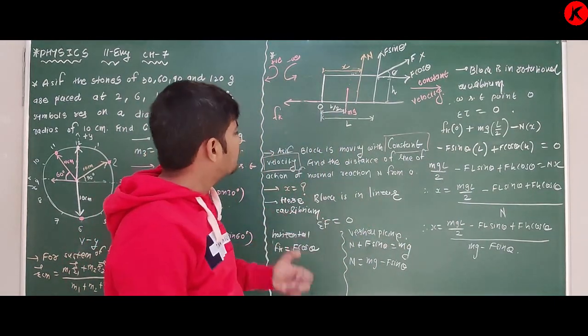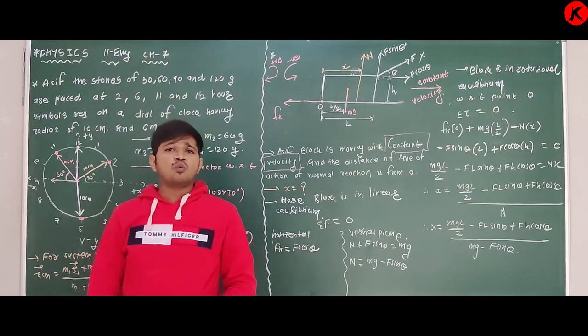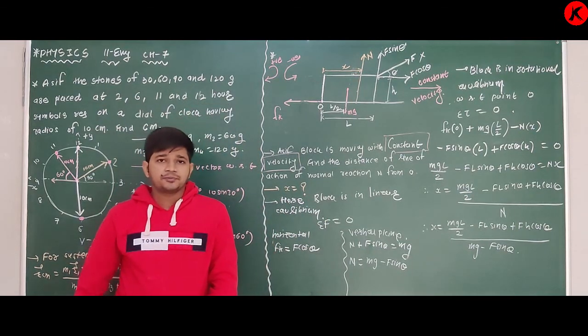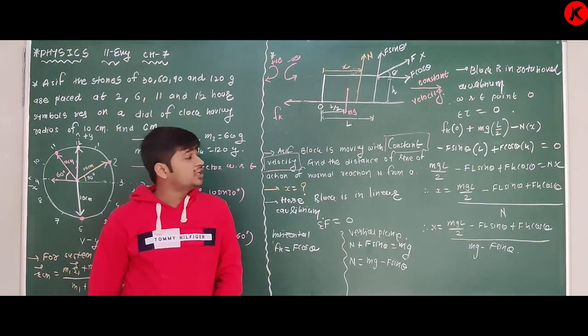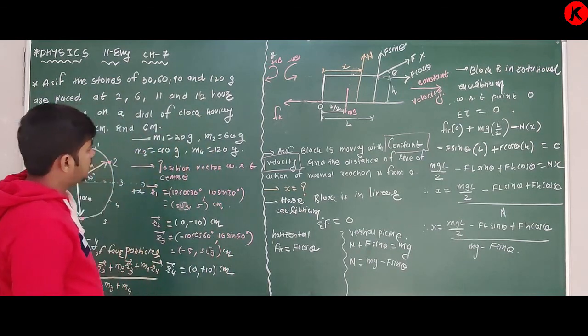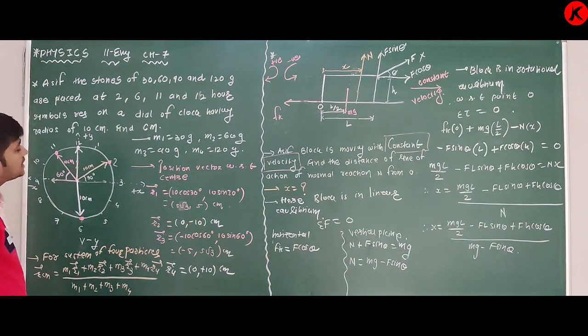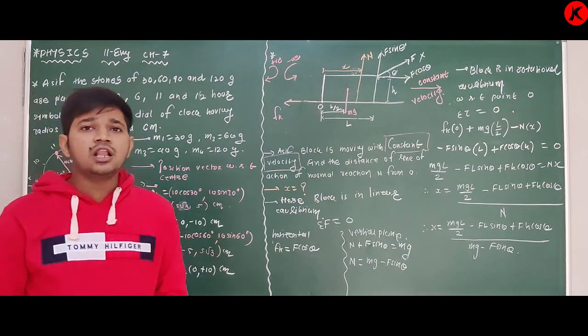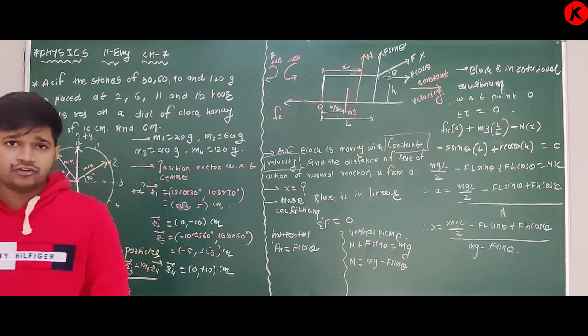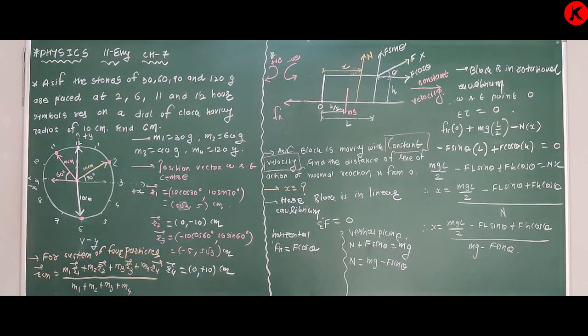All these concepts you can easily understand in one question. Clear? So yes, there are two questions from chapter number 7, that is system of particles and rotational motion. Yes, we will see some more questions, but first of all, write it down.